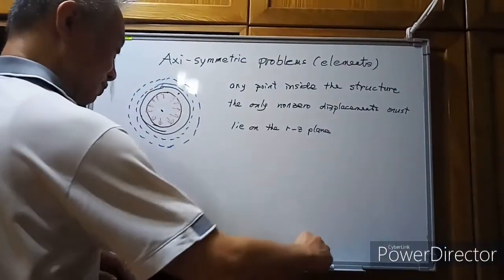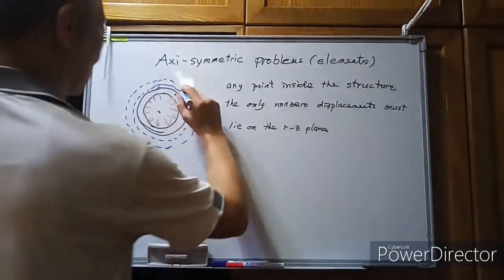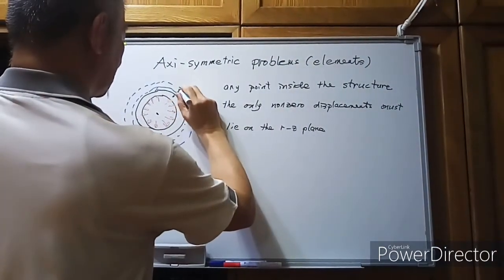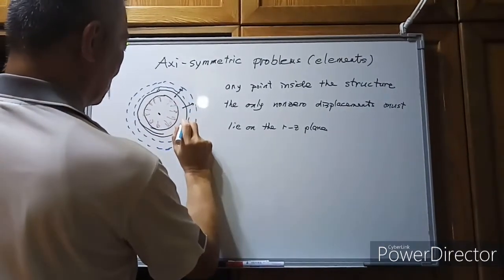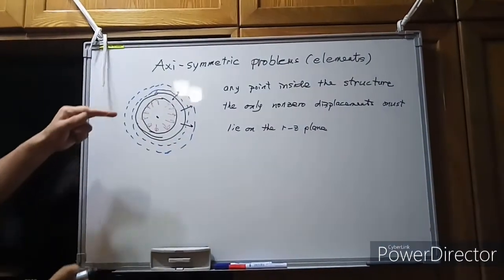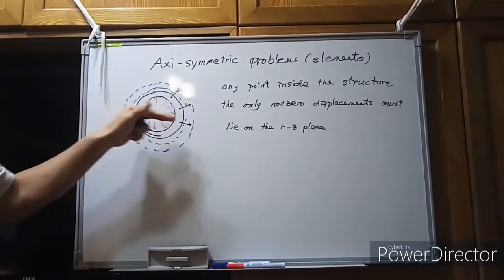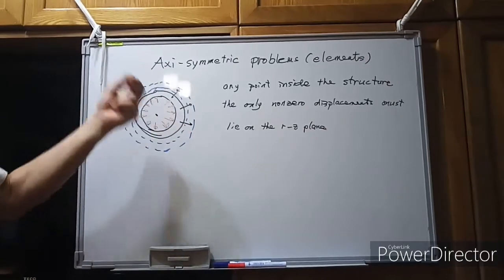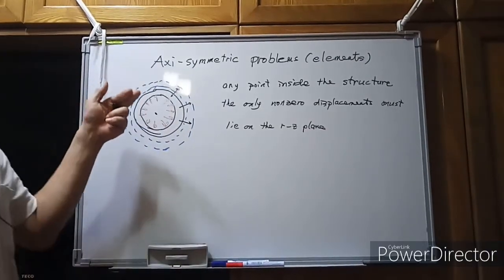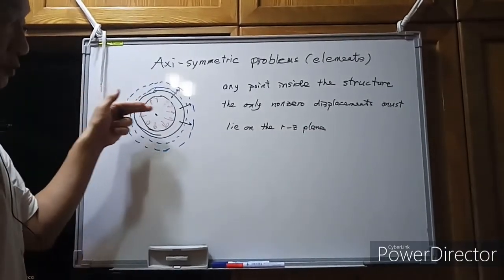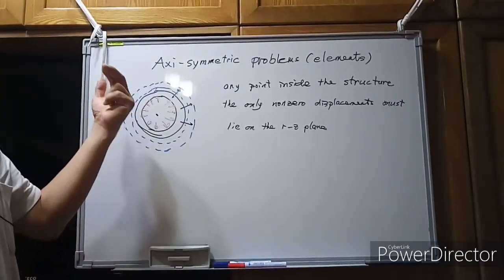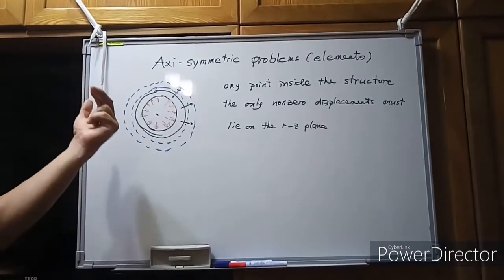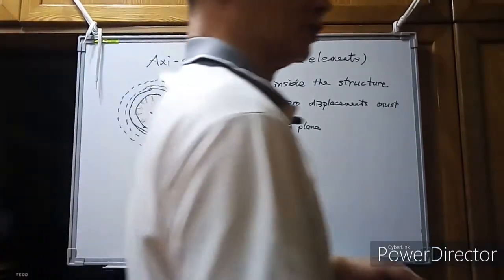Although we have the expansion of the circle, this point is moved to the outside, this one moved to the outside. All the points should move along the R direction, or sometimes the displacement combines components along the R and sometimes also a non-zero component along the Z direction.